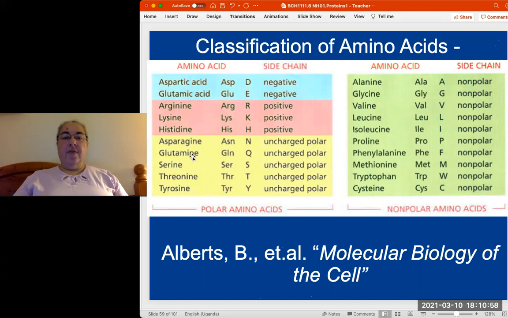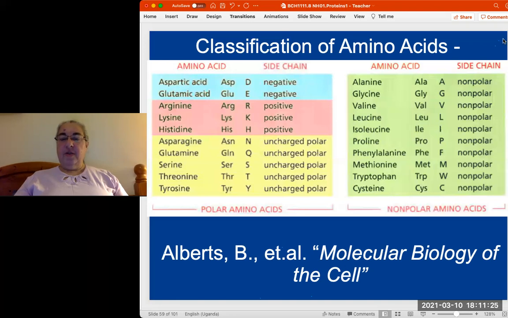So here are the names of the amino acids, three and one letter abbreviations, and then categorized into the types of their side chain. So negative charge, positive charge, uncharged polar. So these are classified as polar amino acids in this grouping, and these are all non-polar amino acids.